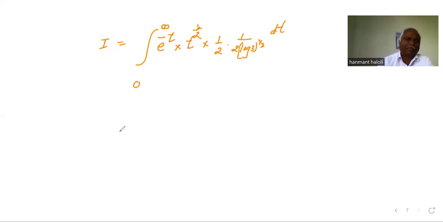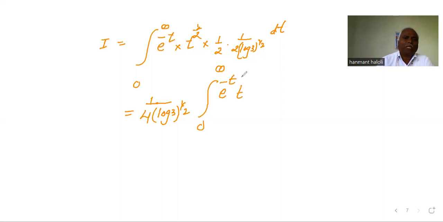If you simplify it, you can take 1 by 4 outside, and root of log 3 outside. The remaining integral is 0 to infinity e raised to minus t, t raised to minus 1 by 2 dt.